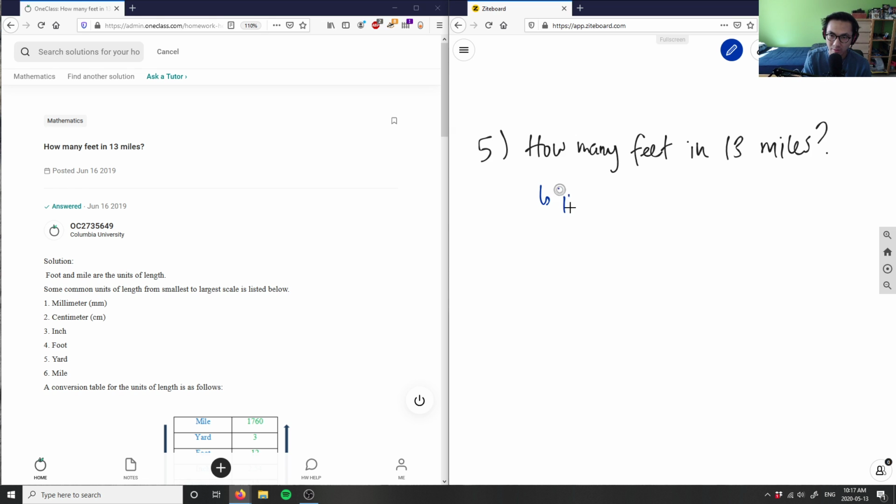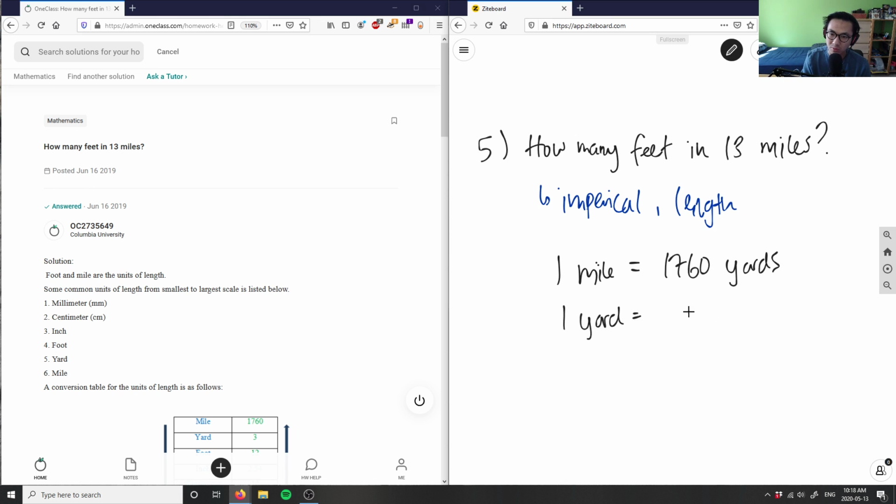Not volume, like in the previous question. So again, we need to know some important conversion factors. We have 1 mile equals 1,760 yards, and 1 yard is going to equal 3 feet.